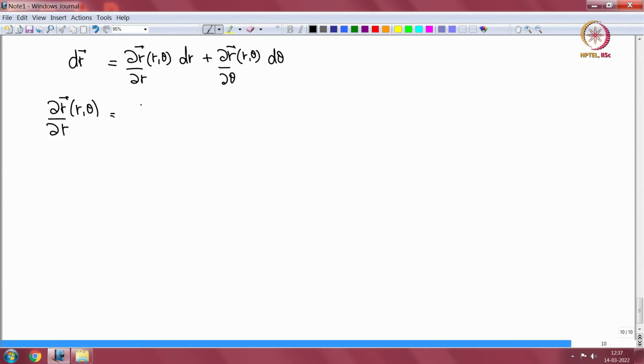That is cos theta i plus sin theta j. So del r by del r magnitude squared is 1, which is a1 square, and implies a1 is 1.